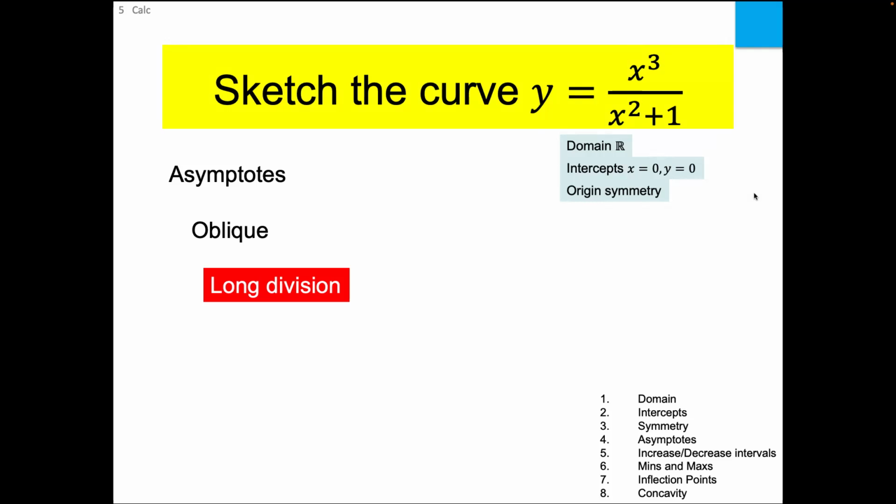What times x squared is 0x squared? 0. Nobody would do this, but if we did, 0 times x squared would be 0x squared, 0 times 1 would be 0, and then we would subtract.